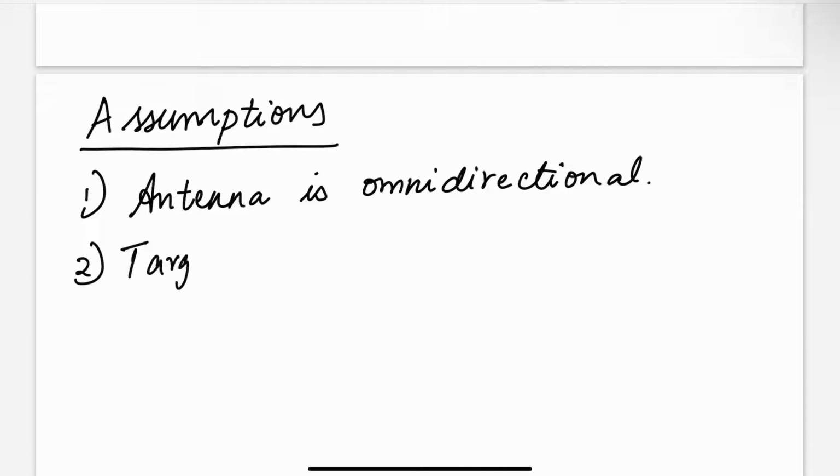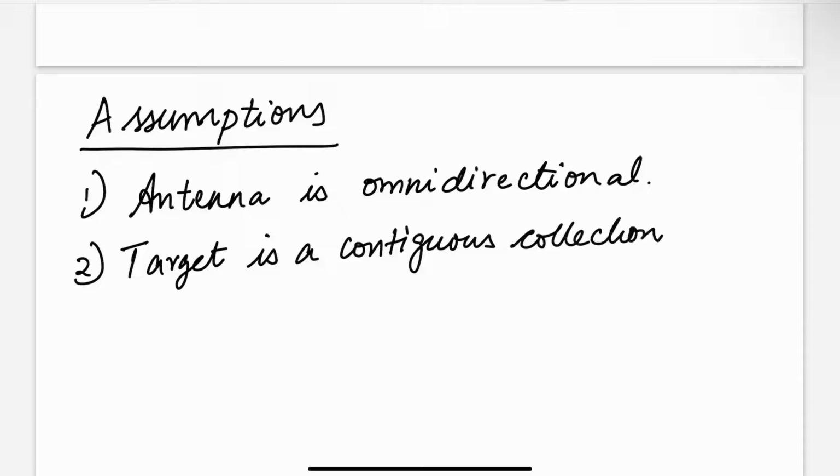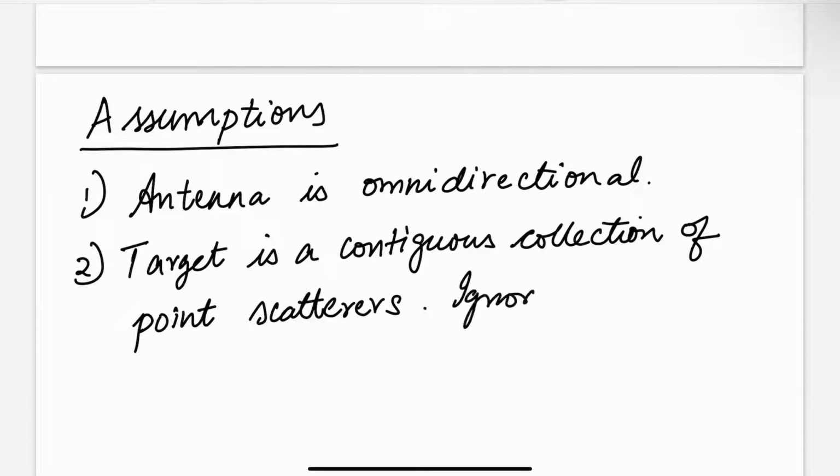Second, here we assume that the target is a contiguous collection of point scatterers, right? And we've ignored multiple scattering in some sense.